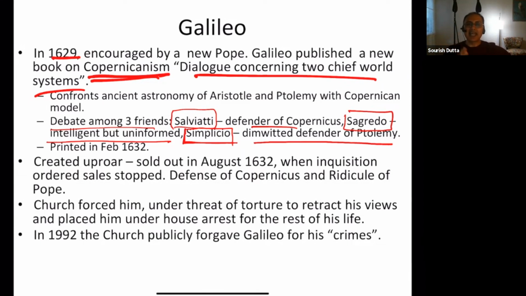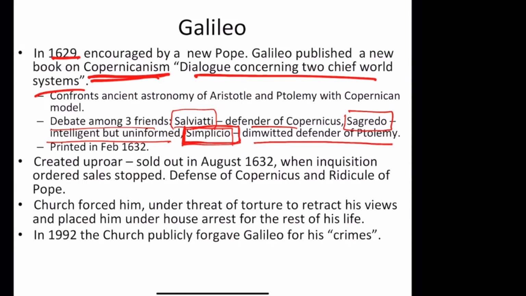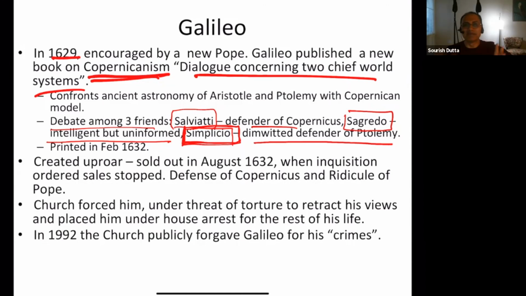Galileo said, okay, I'll put that in the book. But what he did was make that one of the arguments of Simplicio. So Simplicio, the dumb villain of the book, says the thing that the Pope wanted presented. Naturally, it's so silly. The Pope looked like a complete moron in the book because his words are coming from Simplicio.